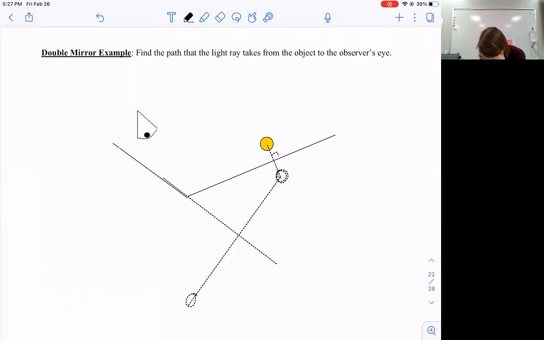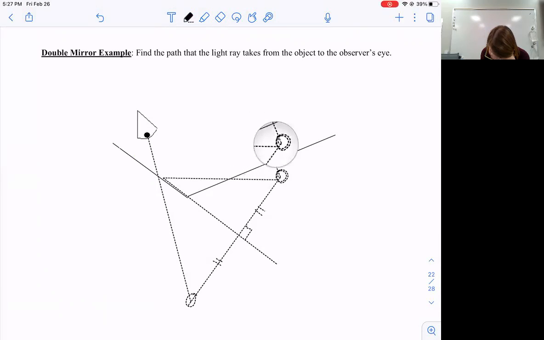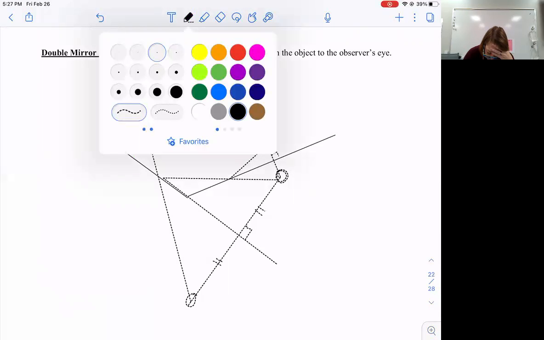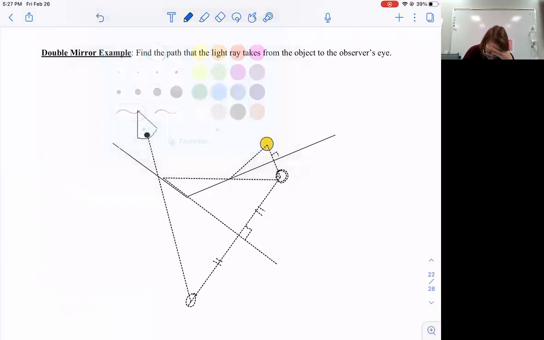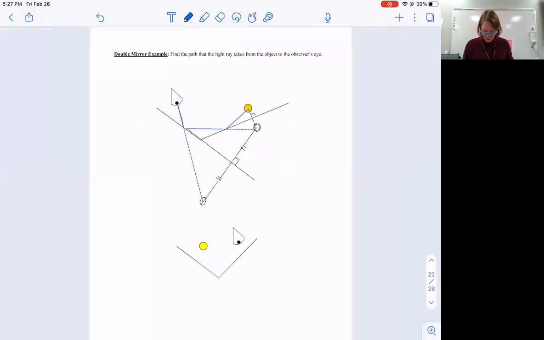Okay, so we have another perpendicular bisector, and now I draw a line to this, and then back to here. There we go. So in this scenario, the light bounces twice. And as I'm drawing this, I'm checking to make sure, again, that the angles of incidence and reflection are the same. That's some fun geometry.